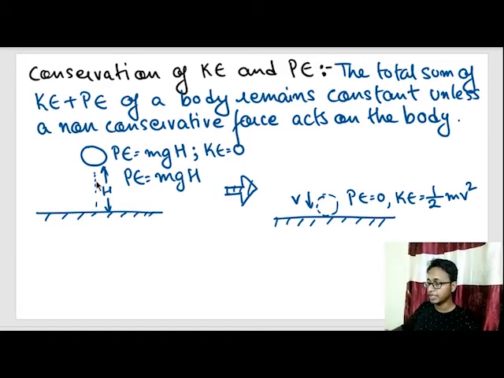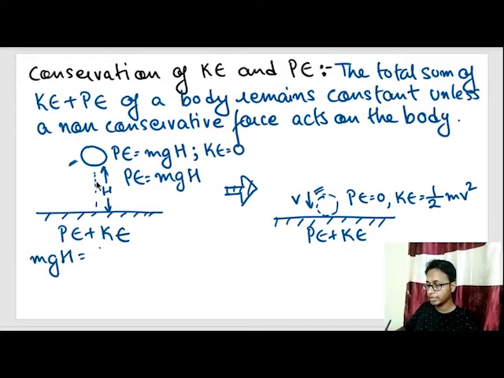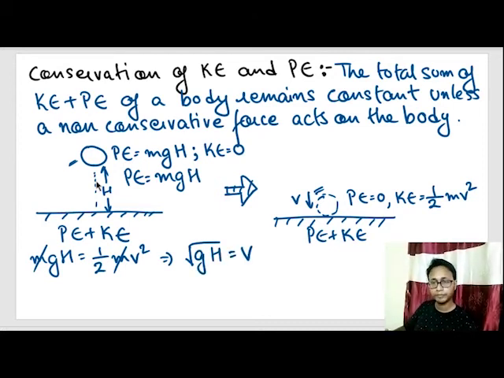This theorem says that potential energy plus kinetic energy in this case is equal to potential energy plus kinetic energy in the earlier case. So we know that mgh is equal to half mv square. The m and m get cancelled, so root over 2gh is equal to v.